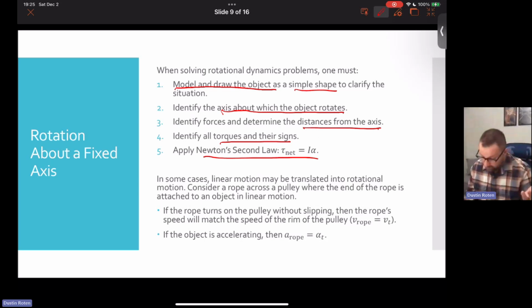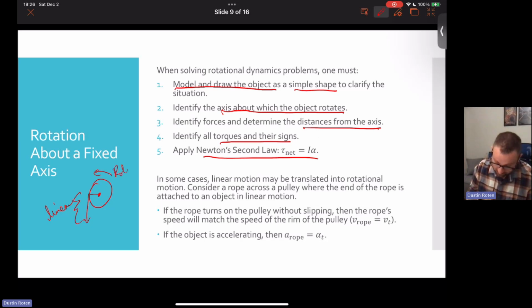So in some cases, linear motion may be translated into rotational motion. If we consider a rope across a pulley, which we will later, the idea is essentially if we have a rope being pulled down on a pulley, we have linear motion here, but that's going to inform and sort of control the rotational motion here.